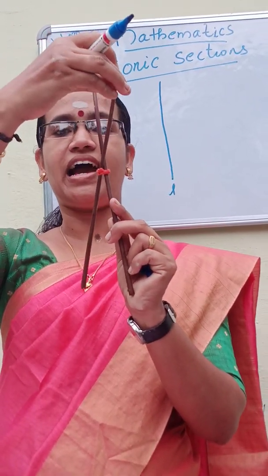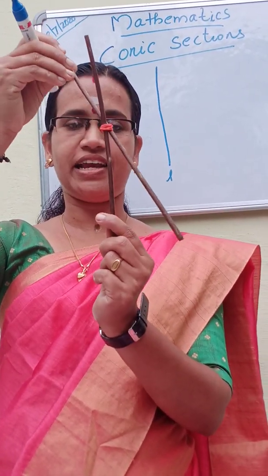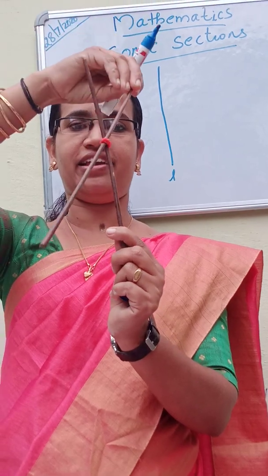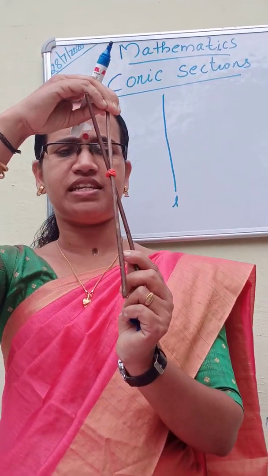So it is a fixed line, and we rotate the other line keeping the angle constant.